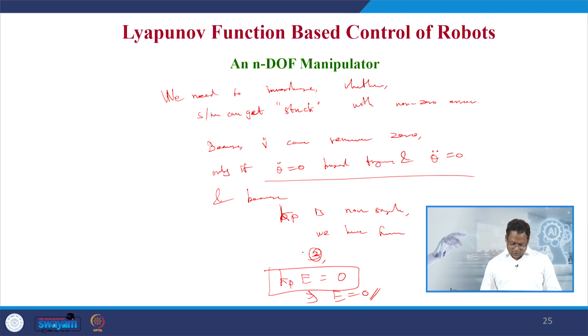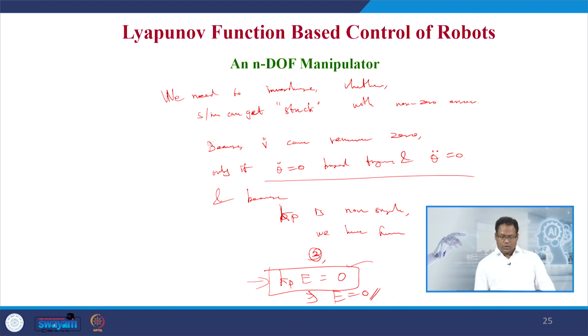On the trajectory associated with theta dot equal to 0 and theta double dot equal to 0, we end up with Kp times error equal to 0 from equation 3, from which we can conclude that error equal to 0.